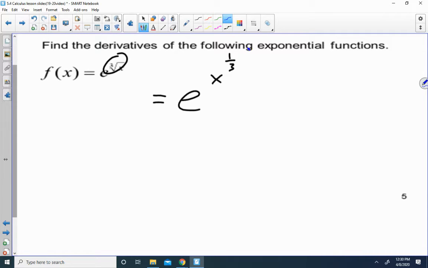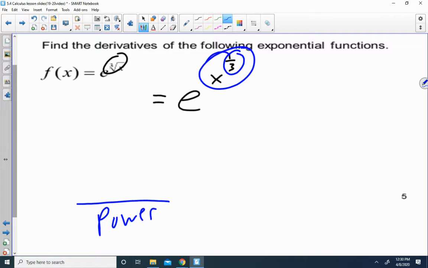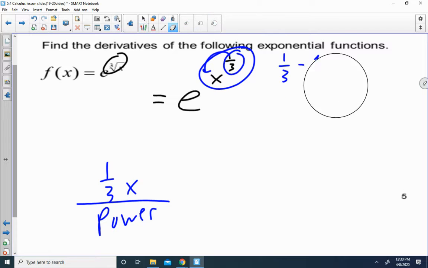Just like before, you're going to take your power and you're going to derive it. Just like in any derivative, you'll take the power multiplied to the front, which will give you 1/3. And then you have to subtract 1 from the original power. Or, probably to make it easier, subtract 3/3, which is the same thing as 1.